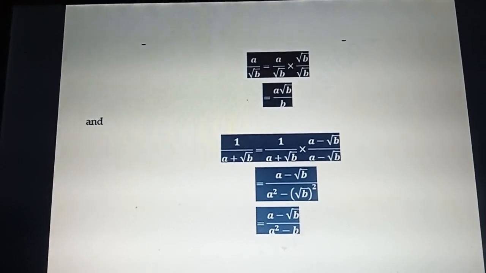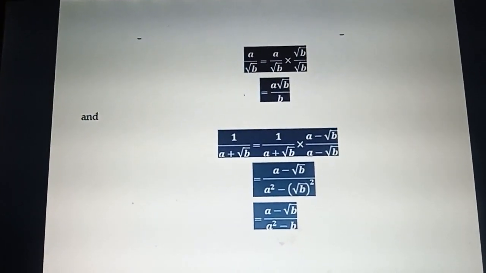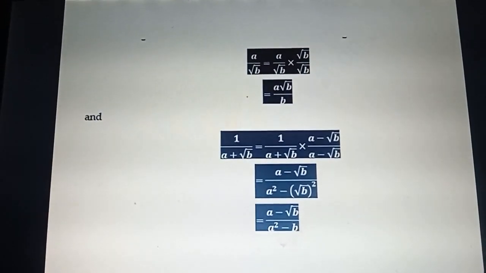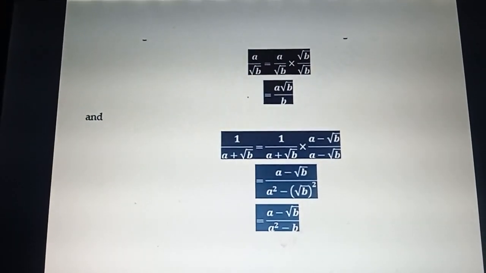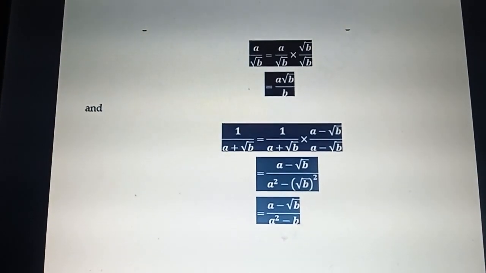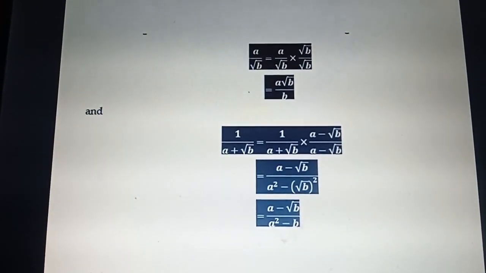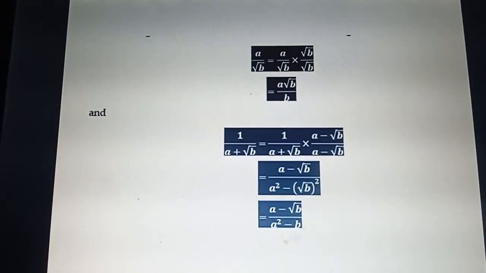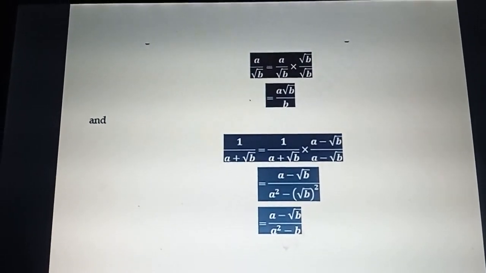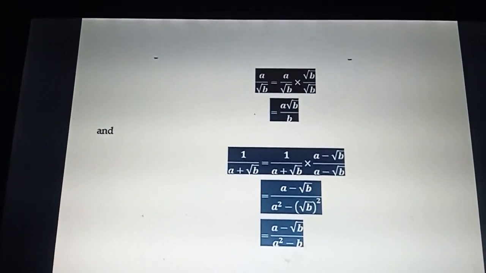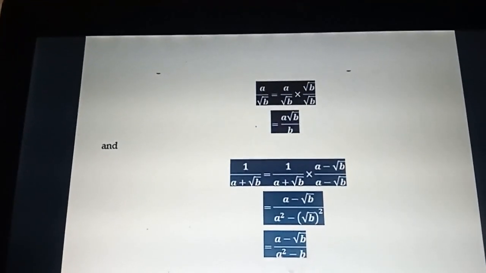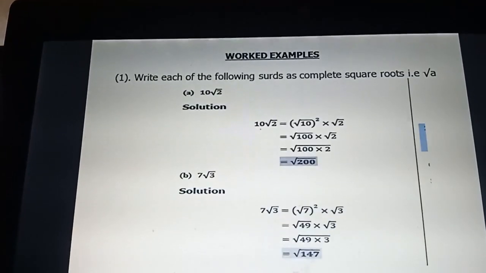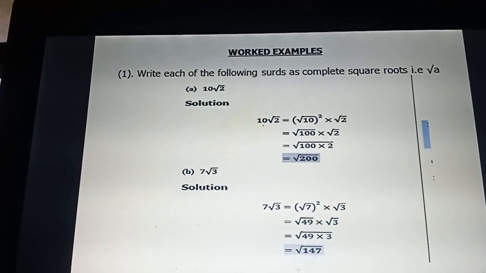You are going to multiply both sides. a times root of b will give you a root b all over what? b. The square root cancels the square root, remaining b. The second one is the same as the first one. We are going to look into these examples.